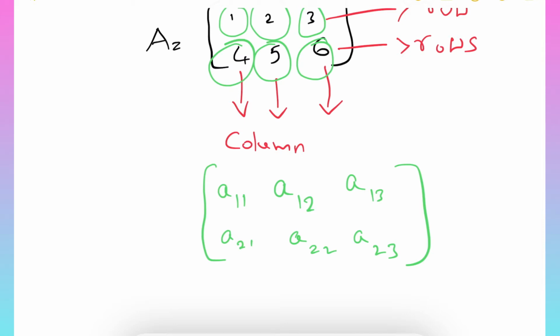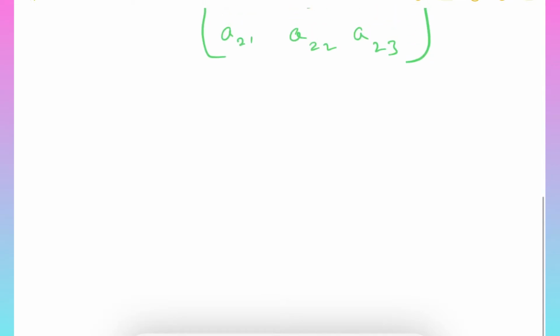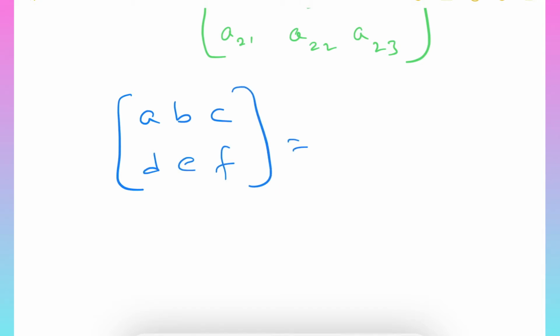Next, what is the order of a matrix? For example, if we have a matrix A, B, C, D, E, F, how many rows are there in the given matrix? Here row 1 and here row 2. So total 2 rows are there.